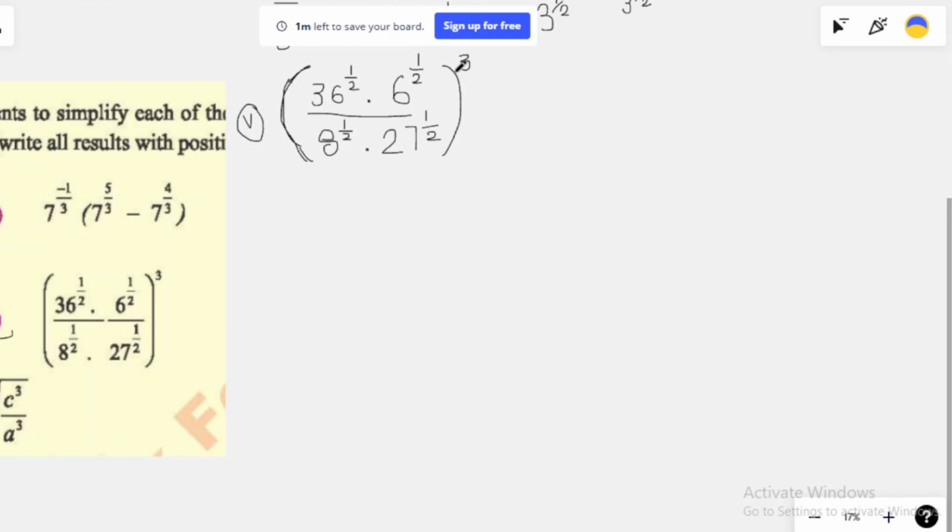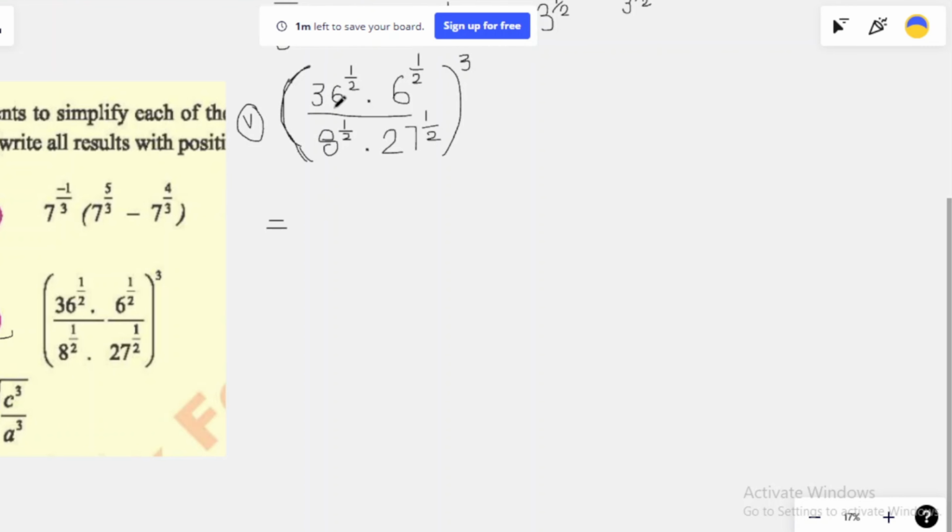So what we can do is distribute this power over the numerator and denominator, or we can simplify whatever we have inside, and then apply this power. So we're going to go with the second one, where we first solve whatever we have inside, and then apply the whole power.